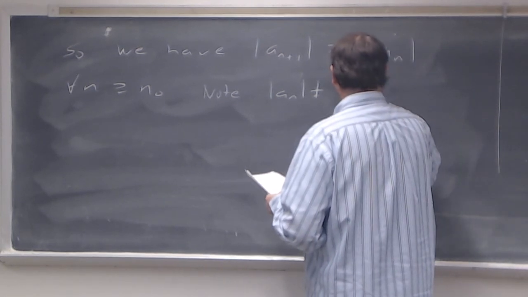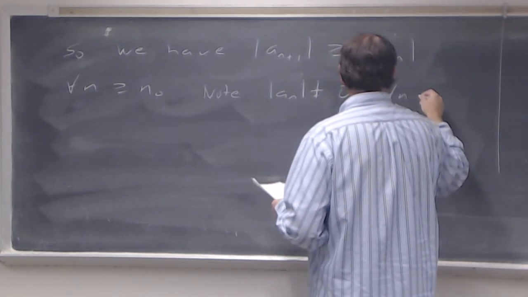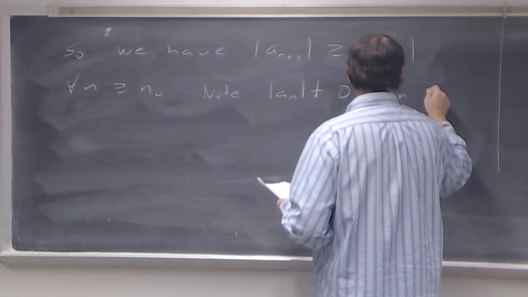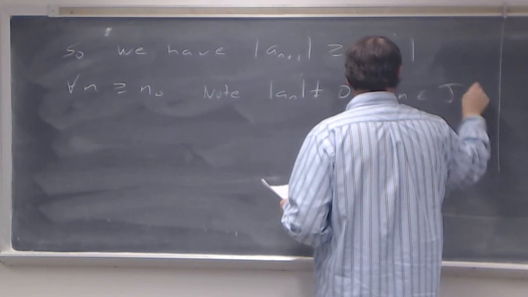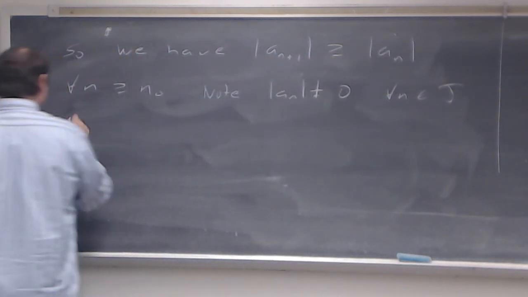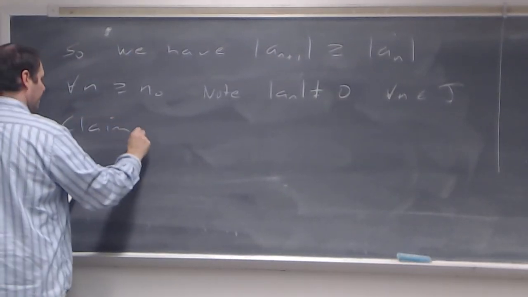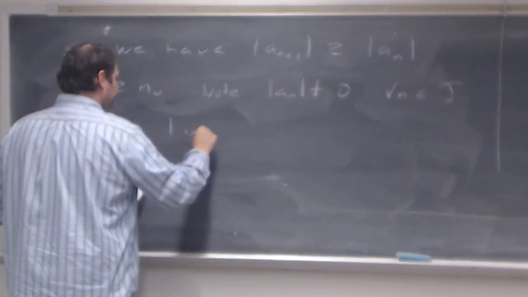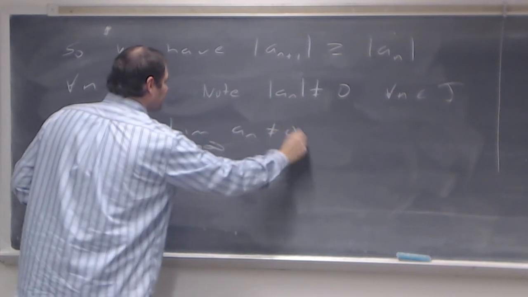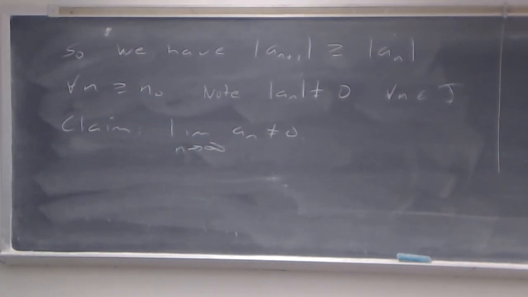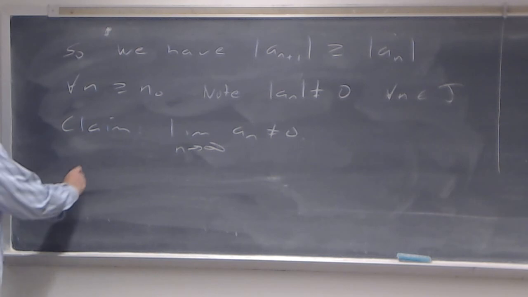I said it's true for all n bigger than or equal to n sub naught, but it's really true for all n an element of the natural numbers. And what I want to do is claim that the limit as n goes to infinity of a sub n is different from 0. So we need to prove that claim, and then by the divergence test, the series of a sub n diverges. So here's the proof of the claim.